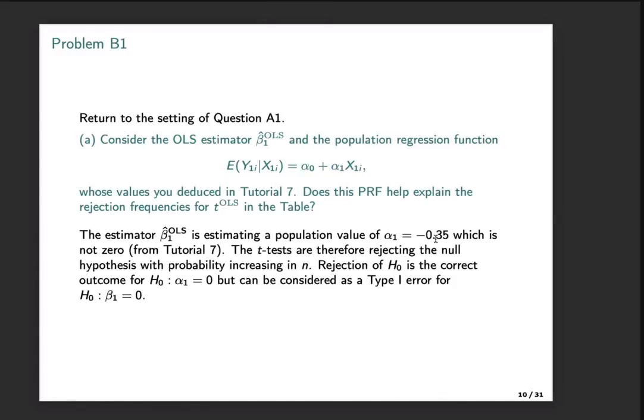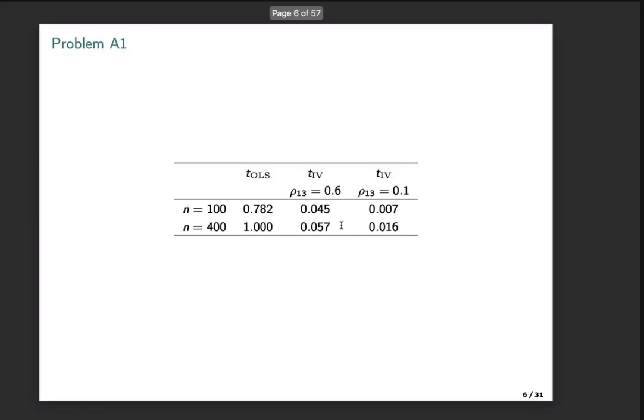So when we are testing that the OLS estimate is equal to 0, it's really testing in a circumstance where OLS is estimating this minus 0.35. If you see us as testing beta 1 equals 0, then this test is horrible. It's doing all the opposite of what we want. It's always rejecting, and it should almost never reject.